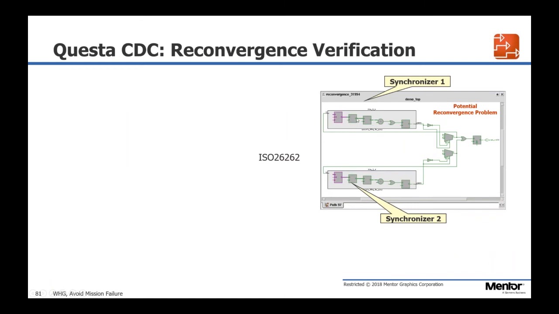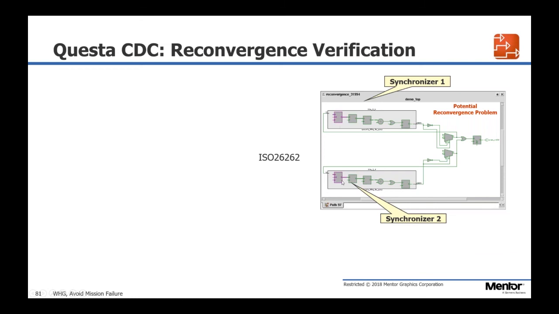I have properly synchronized it over into the green domain, and then I've done the same thing here. I've got a signal, I've properly synchronized it over into the green domain, but then you'll see that those signals go through some logic, they eventually come back together through some logic cone.